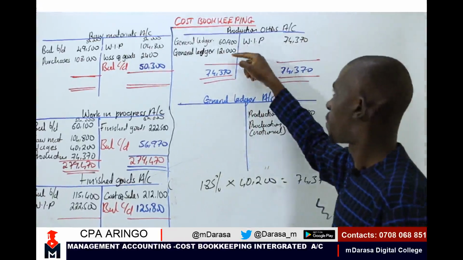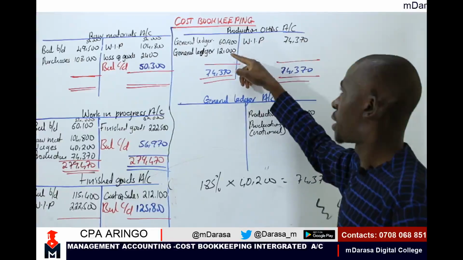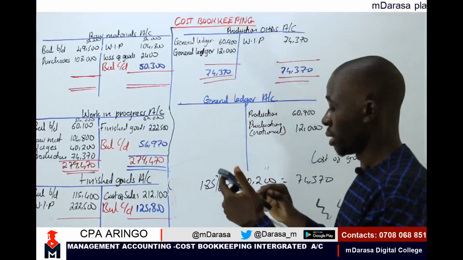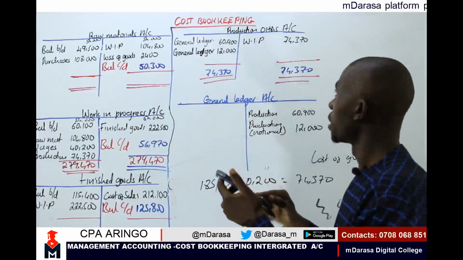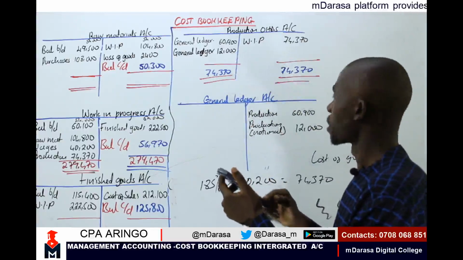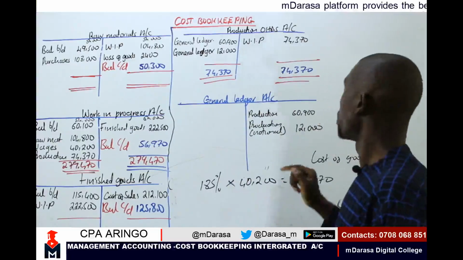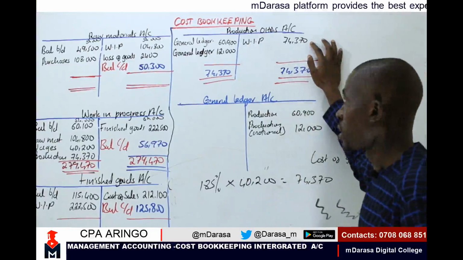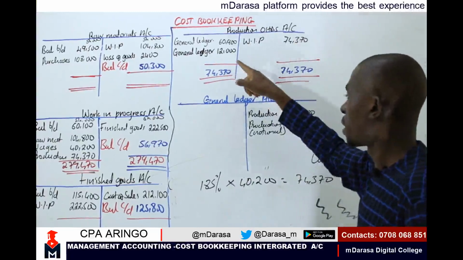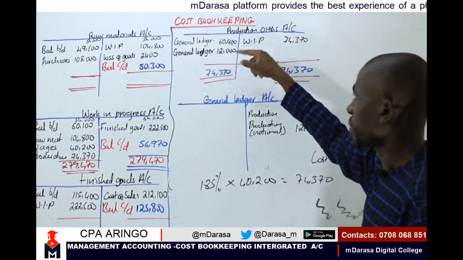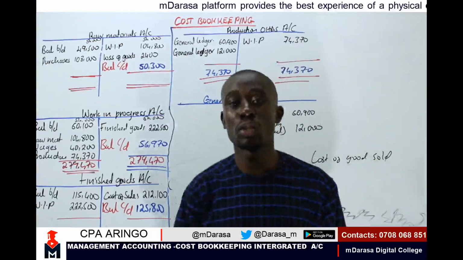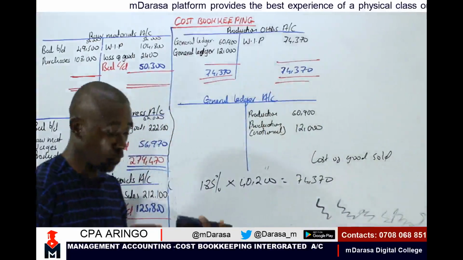The actual I'm having 6,900 plus 12,000. So what we charged to production was 74,370. The actual I'm having 72,900, summation of that, meaning that in this case we do have what? Over absorption of overheads.